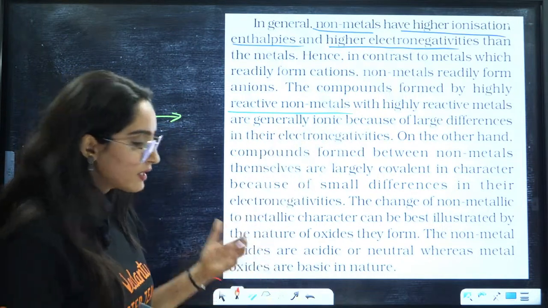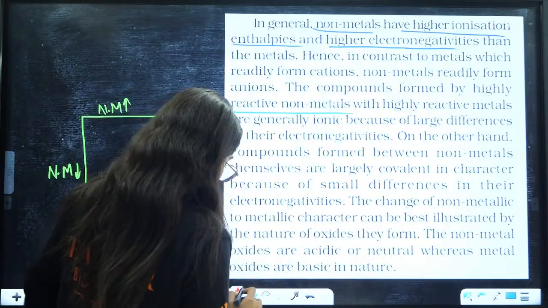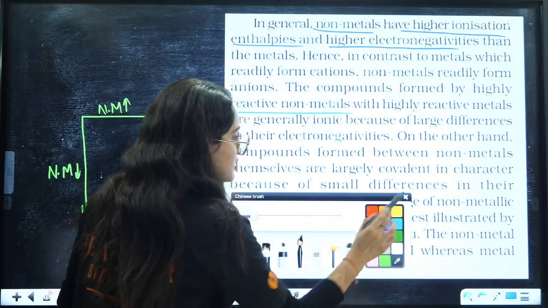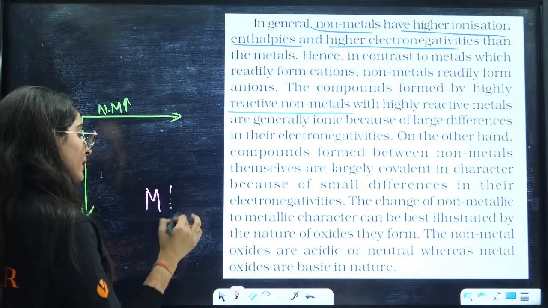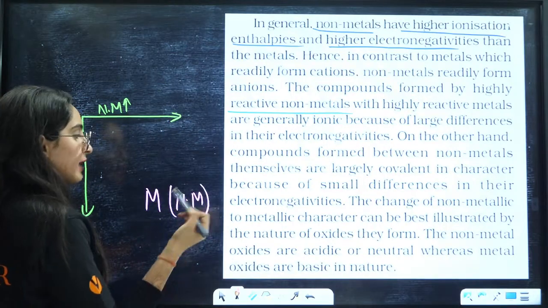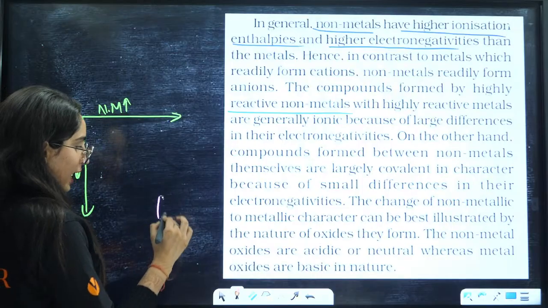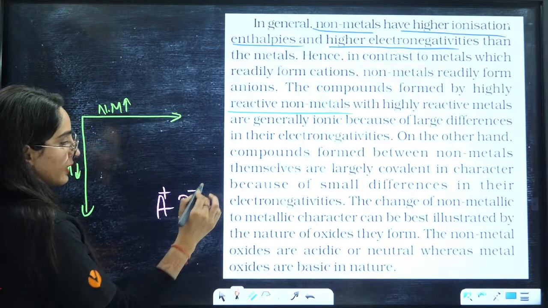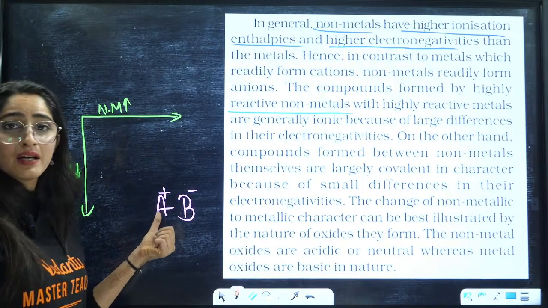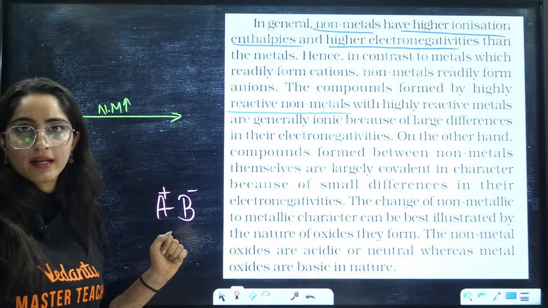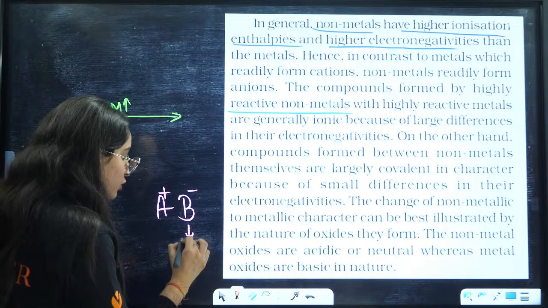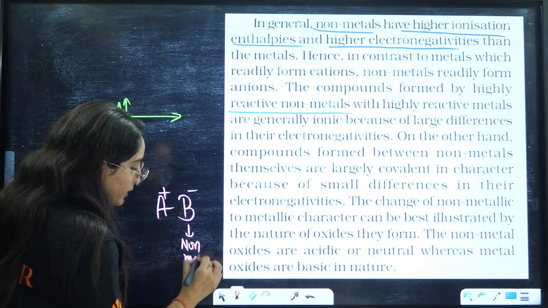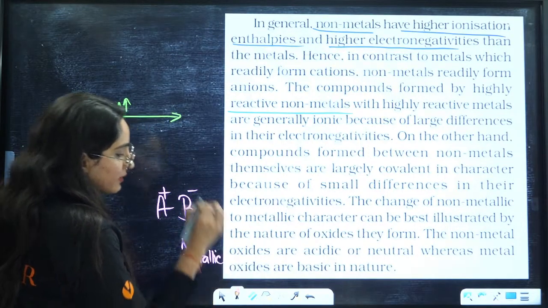Now they are saying that if you have a cation which is highly metallic in nature, and an anion which is highly non-metallic in nature, then because of this, what will happen? Non-metallic means it wants to gain the electron.